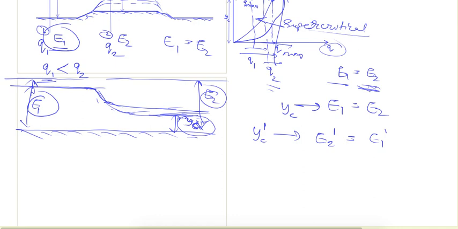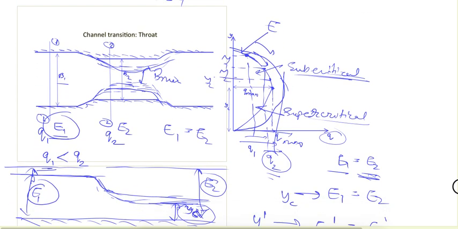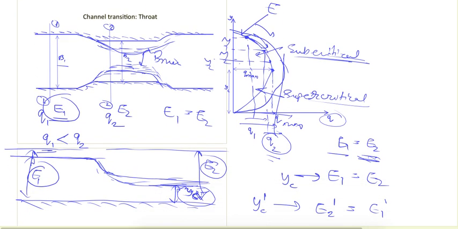So in this graph we saw, as we are decreasing this width, what is happening? As we are decreasing this width, this q2 is increasing, and if this q2 is increasing, then to pass that q2, the depth is decreasing.